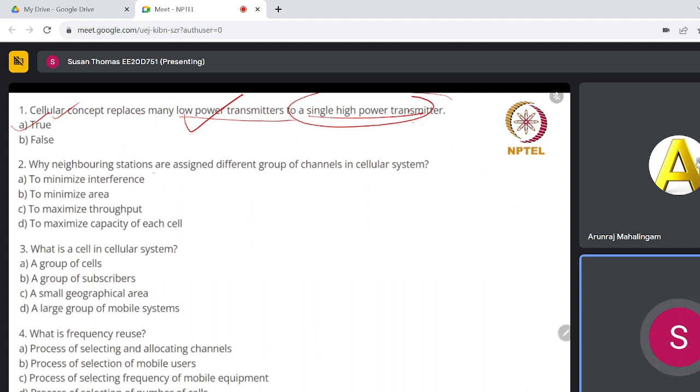Why are the neighboring stations assigned different groups of channels in a cellular system? Let me tell you what the neighboring stations are. You have one cell A, then you have another cell, then you have another cell, and so on. Suppose you have neighboring stations.